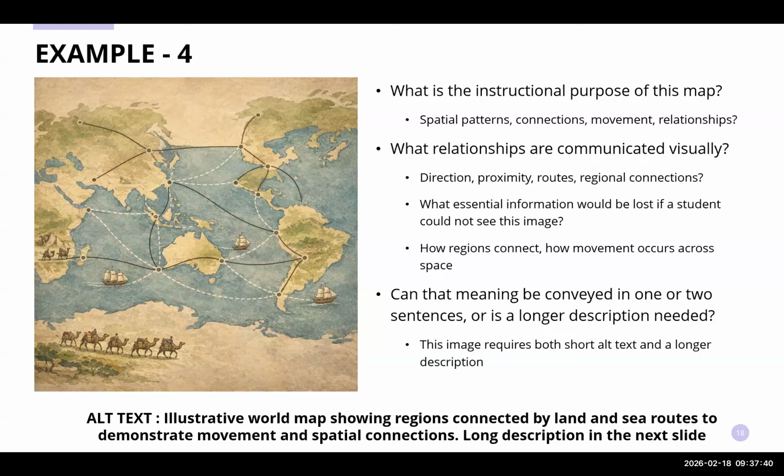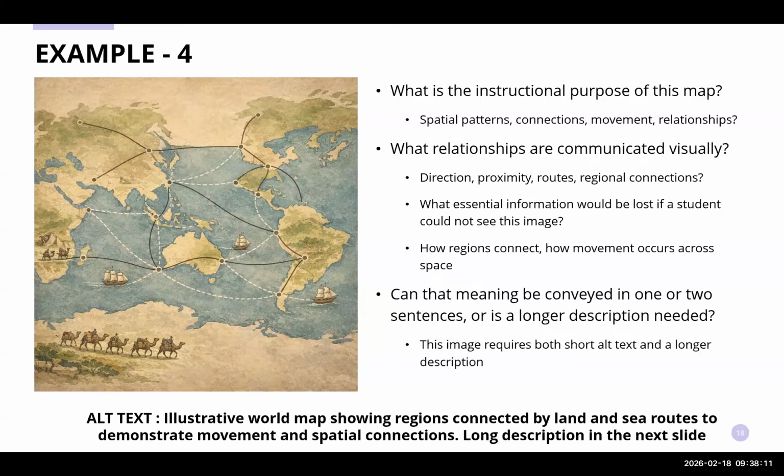It is actually to help students visualize the spatial patterns and regional connections. So if you are teaching a unit on the Silk Road or 19th century trade, the story is in the lines connecting the dots. Now, if a student cannot see the specific land and sea routes, they actually lose the sense of proximity and direction that defines the historical narrative.